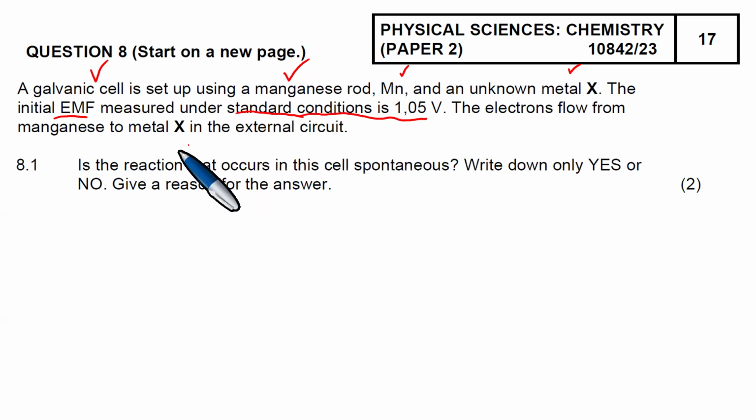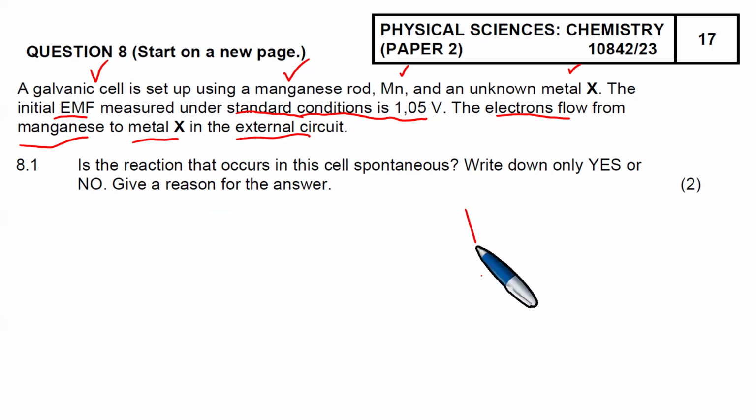When we measure the EMF under standard conditions, we are told the EMF is 1.05 volts. The electrons flow from manganese to metal X in the external circuit.